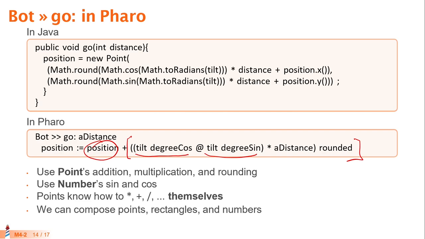All the code is implemented using operations that we delegate to points and to numbers, and with that we can implement the method much more simply. Of course, this difference in complexity gets higher and higher when the operation that we are creating is more complex.